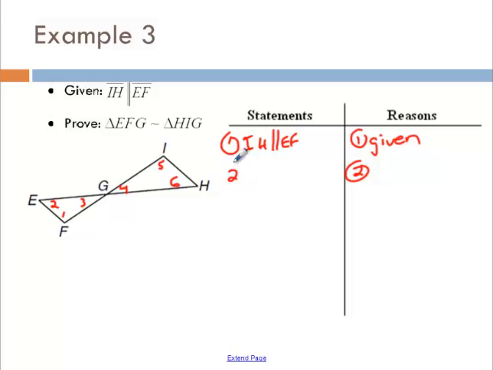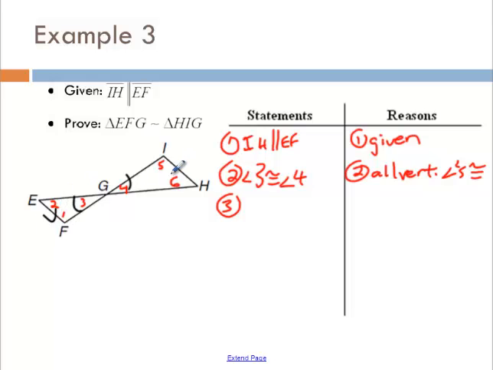Alright, so let's find 2 pairs of angles. I know 3 and 4 are vertical angles. And all vertical angles are congruent. And don't forget to mark those.